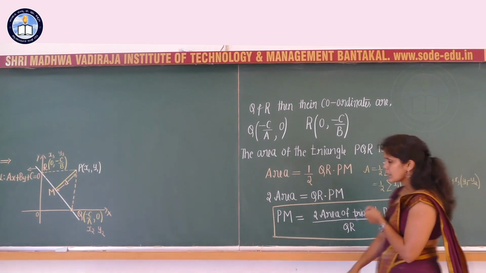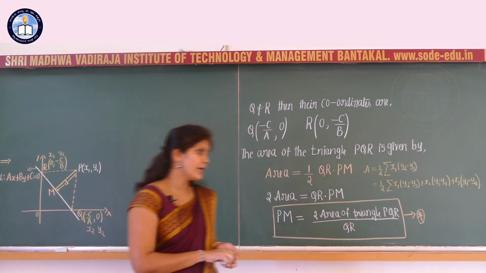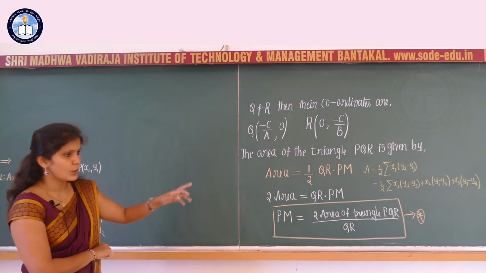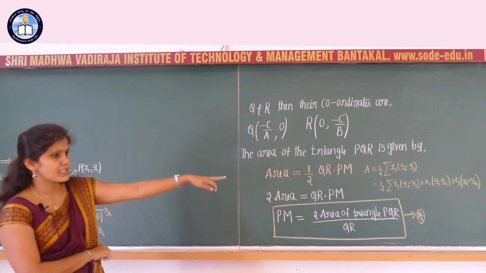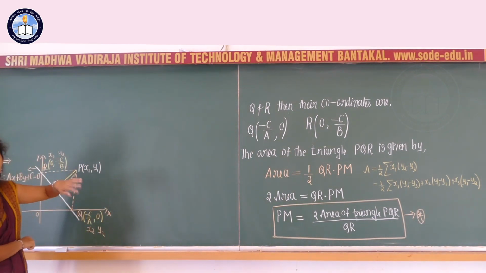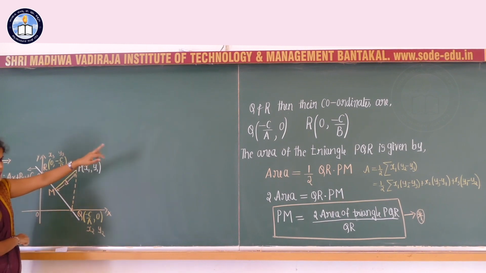Correct? So this is nothing but the formula x1 into y2 minus y3 plus x2 into y3 minus y1 plus x3 into y1 minus y2, that represents area of the triangle.